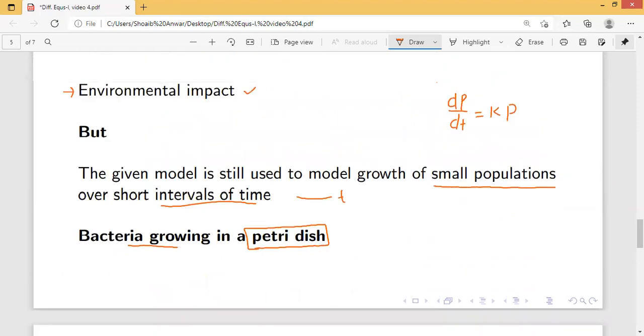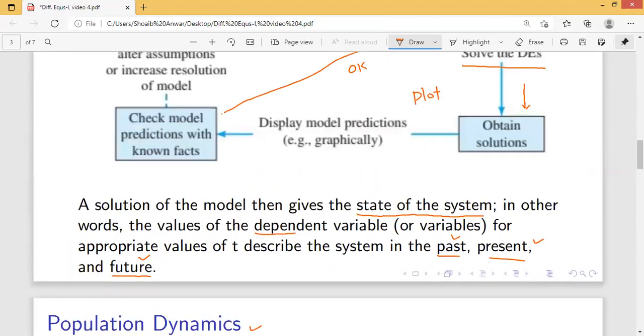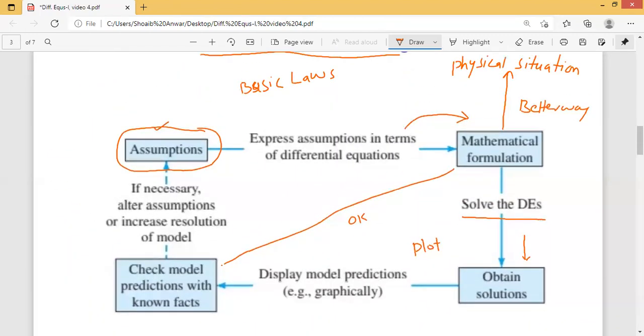Of course, one thing is very important to note: in the introduction to mathematical modeling section, we discussed only this part. That is, first we use some assumptions, and with the help of those assumptions, we obtain the mathematical formulation.